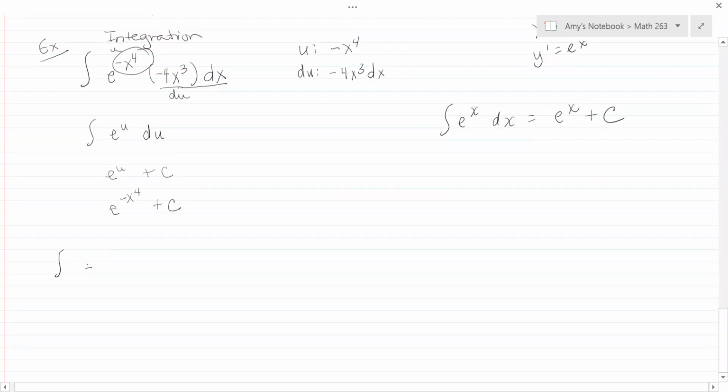Okay, the next example is e to the 1 minus 3x times the dx. So my u is always my exponent, whatever the exponent is for your e, that is always your u. So this is 1 minus 3x. The derivative here is negative 3 dx. Well, as you can see, your negative 3 in front of the dx is missing.